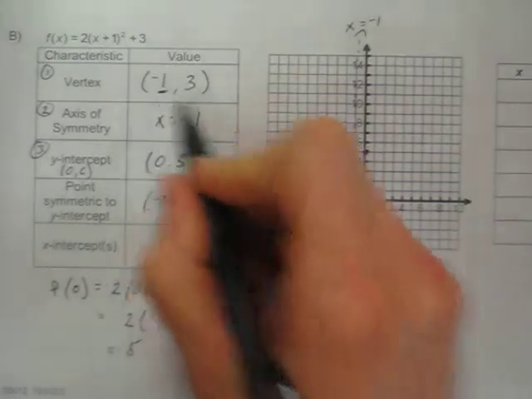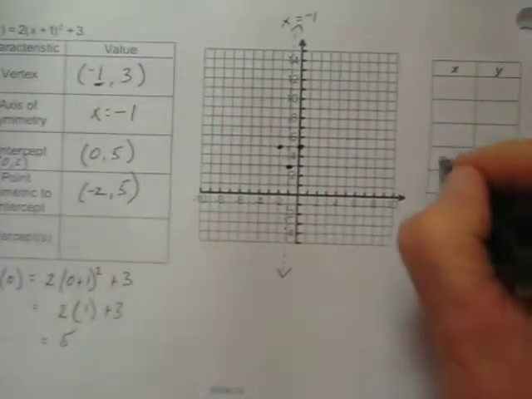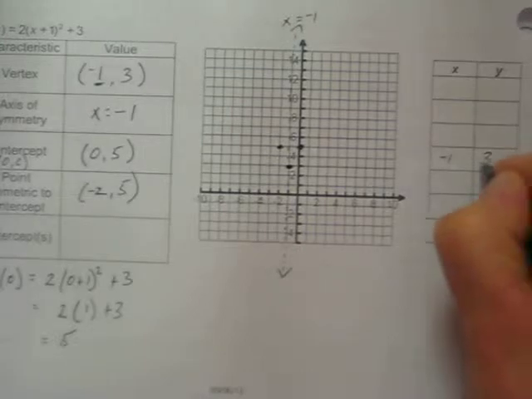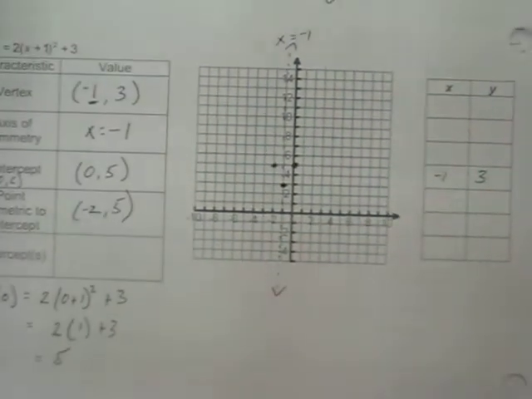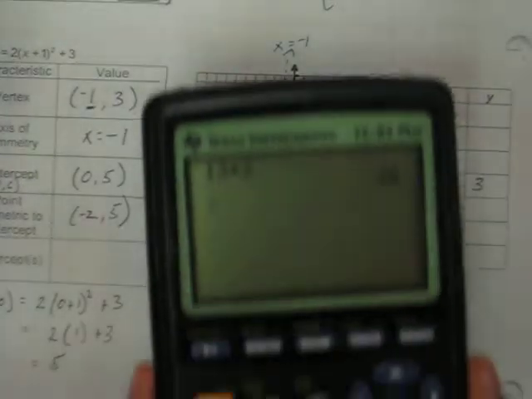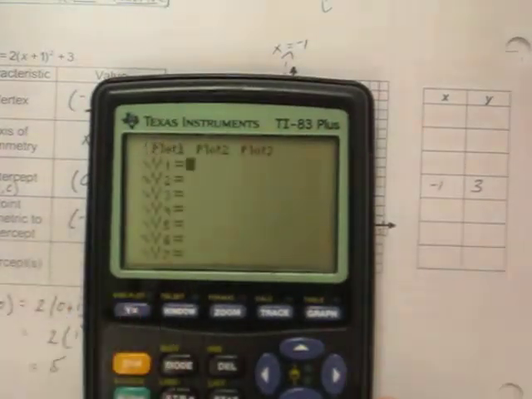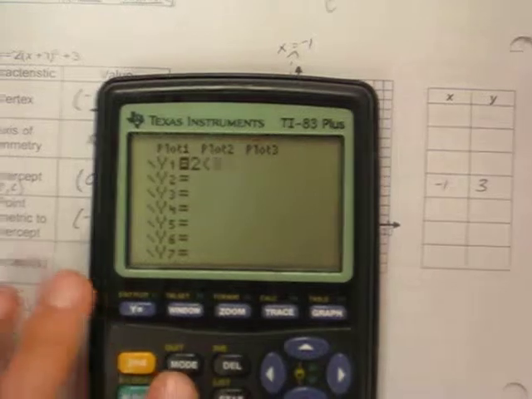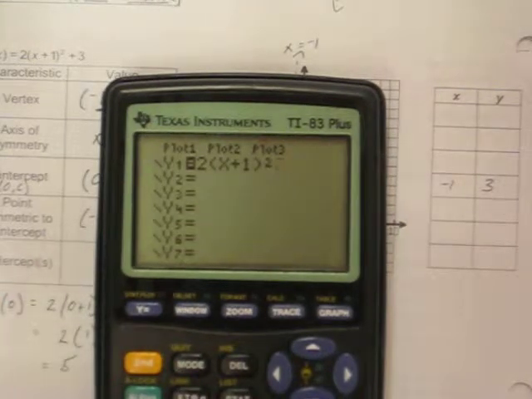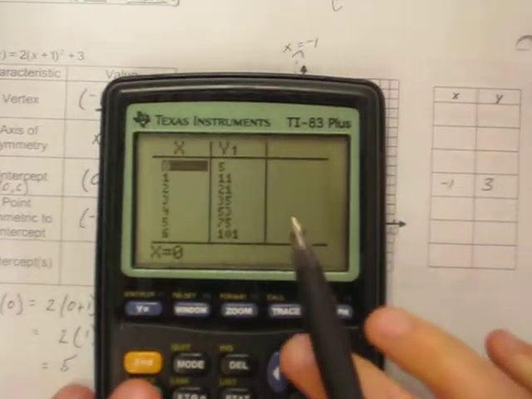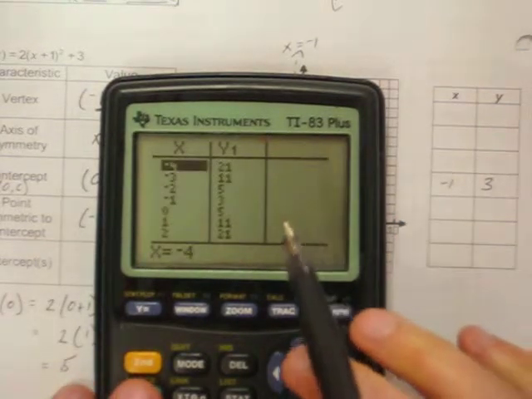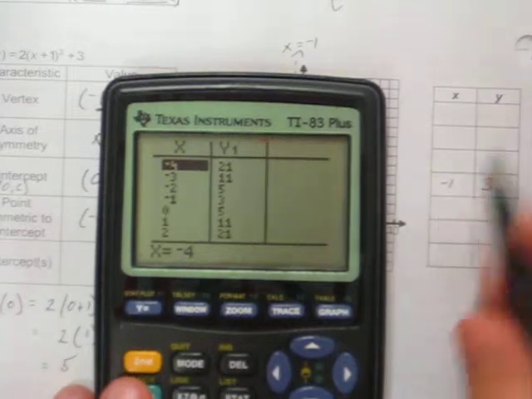Now, remember, the vertex should go in the middle of your table. That'll help you graph it, (-1, 3). You really need at least 5 points, so I'm going to use my calculator. I have 2(x + 1)² + 3. I go to my table, and I'm going to put (-1, 3) right in the middle, because I need to know what's going on above and below the vertex.